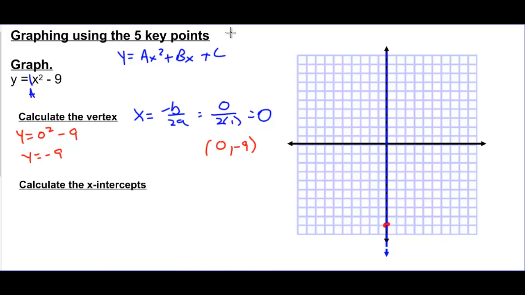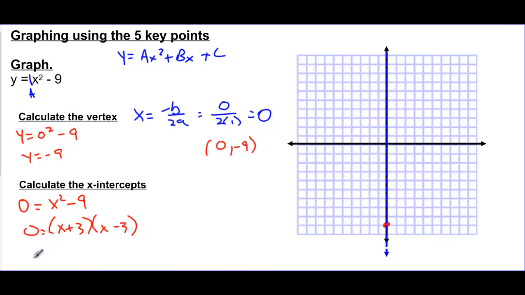So when I calculate my x-intercepts, same basic idea as before. I'm going to put a 0 into the y part of the graph. It's going to look like 0 is equal to x squared minus 9. Then I have to factor and solve this. I can solve this a couple of different ways. I could factor this and say this turns into x plus 3 and x minus 3 is equal to 0.